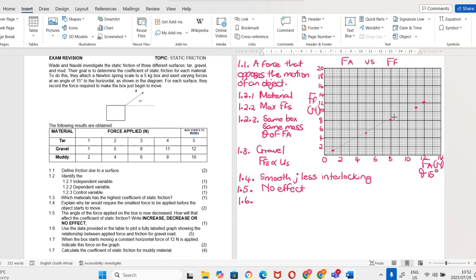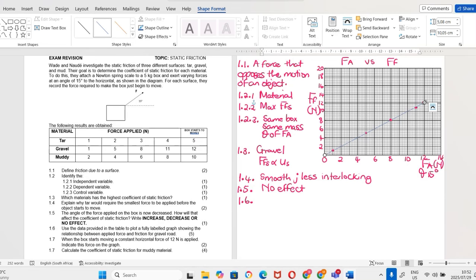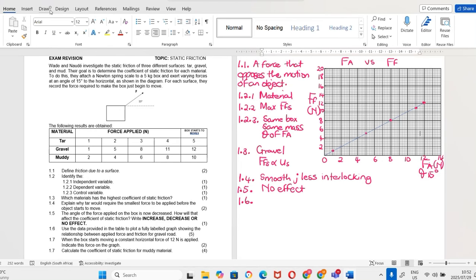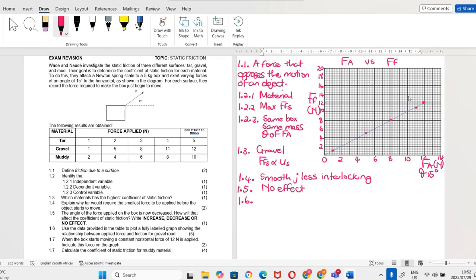I'm going to start my graph at 0, even though there's no point like that given on the table, simply because, remember, friction is a reactive force. So friction does not exist unless you start applying a force on the box. That's the first thing. But my graph is also not going to go beyond 12, because 12 represents the force that is applied just before the box starts moving, which in this particular case would be the maximum static friction, FFS max.